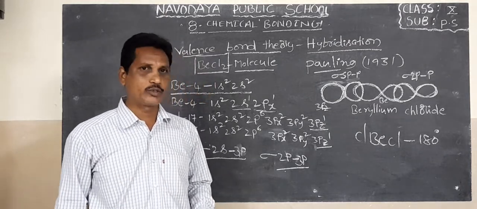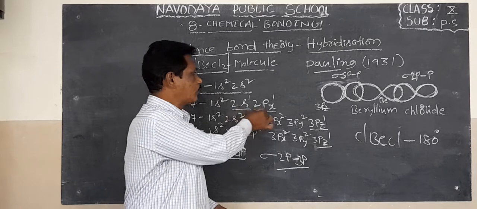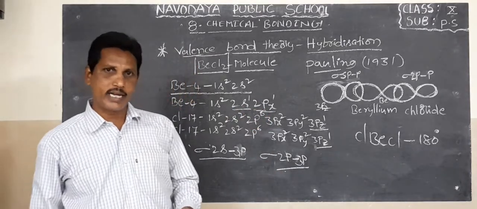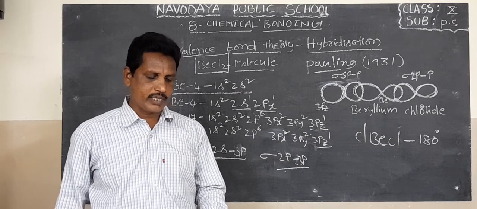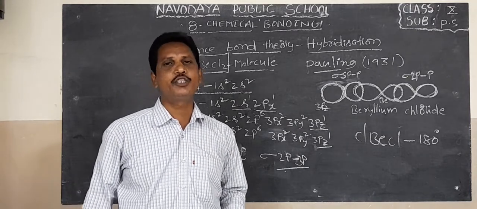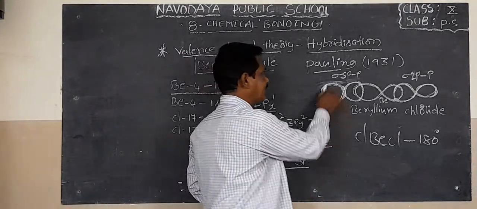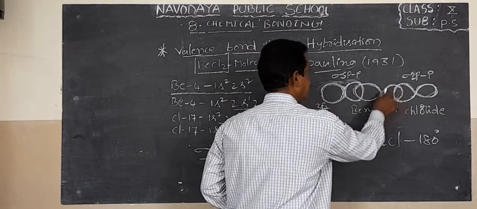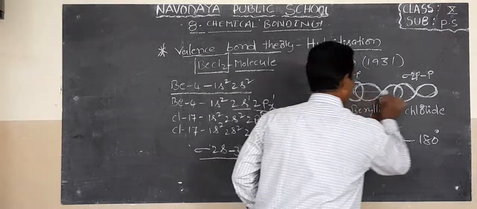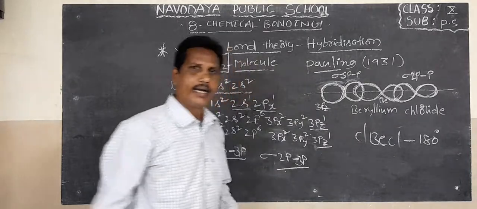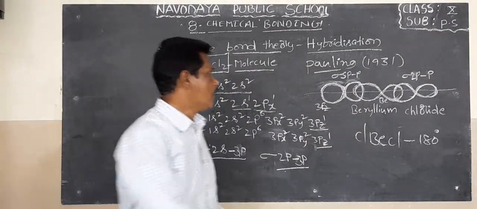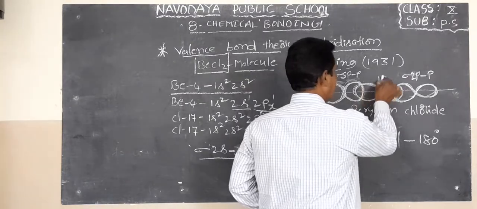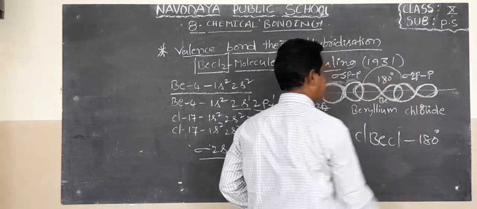These two orbitals belong to the second valence shell, with equal properties like energy and shape. This is the end-on-end sigma bond, a strong bond with a bond angle of 180 degrees.